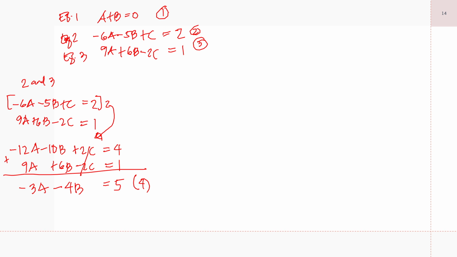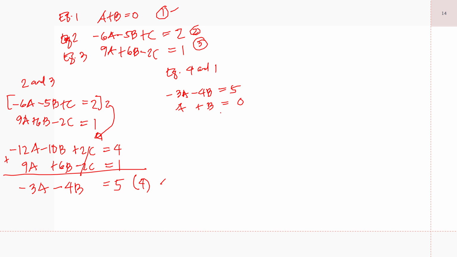Equation 4 and equation 1. So you have negative 3a minus 4b is equal to 5, and a plus b is equal to 0.